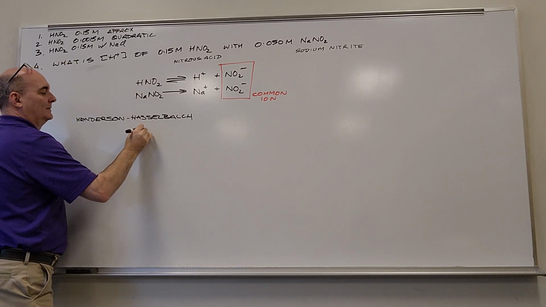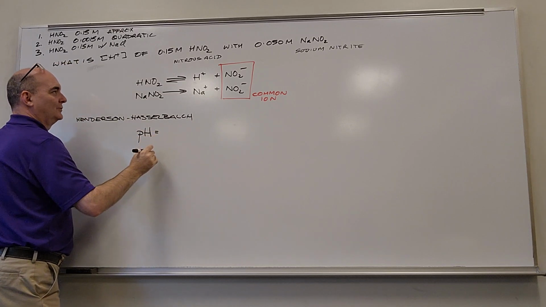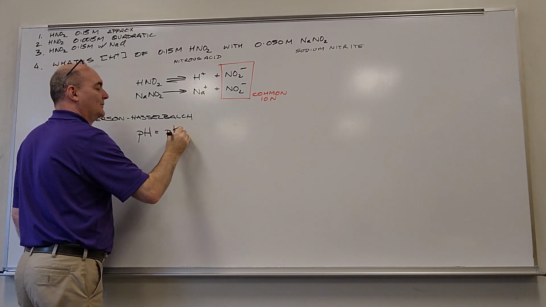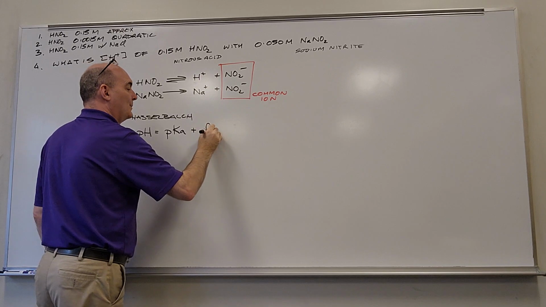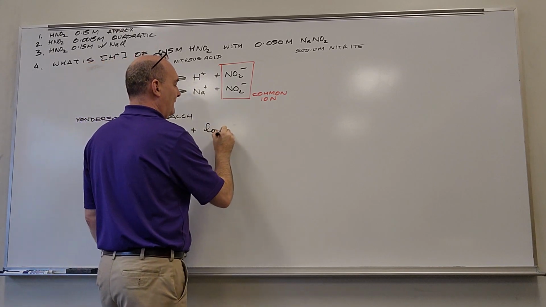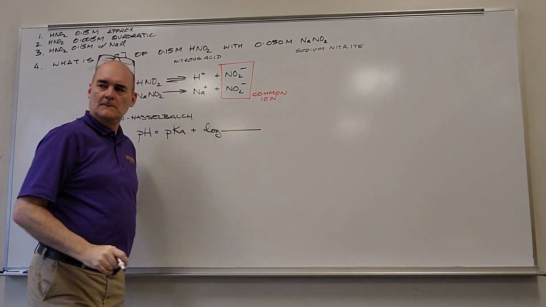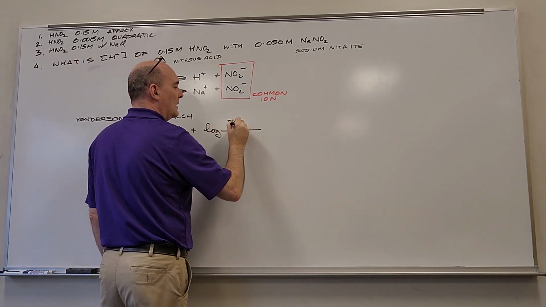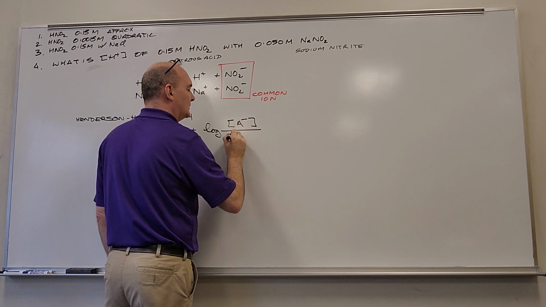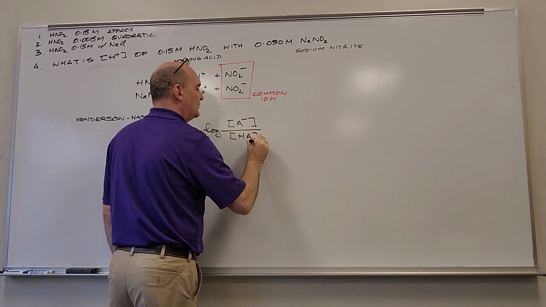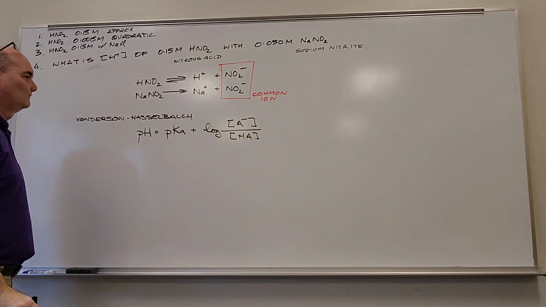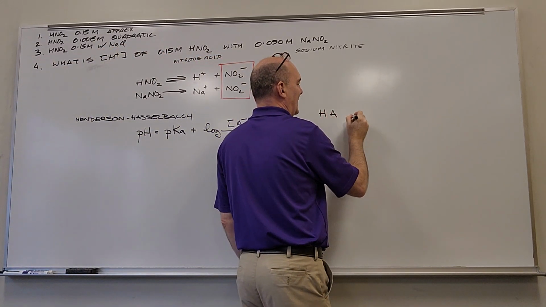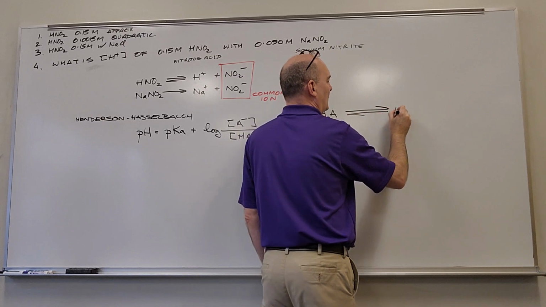And they said that the pH is equal to the pKa plus the log of the A minus divided by the HA. This is for any generic weak acid, HA, weak acid equilibrium.